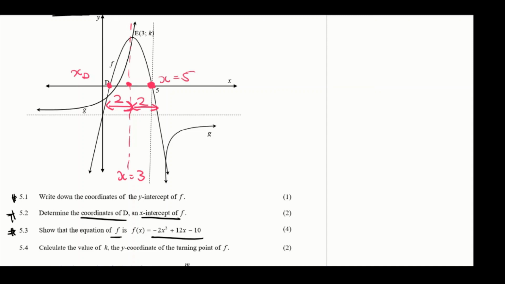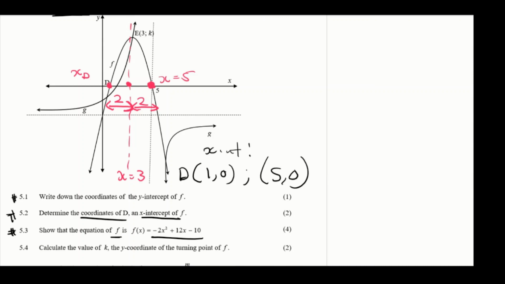So for us to show that, we should know our intercepts, and the turning point we don't really need to actually find the equation. So the x-intercepts are important, and we know that our D we found to be (1, 0), which is one of the x-intercepts, and another x-intercept that was given is (5, 0).